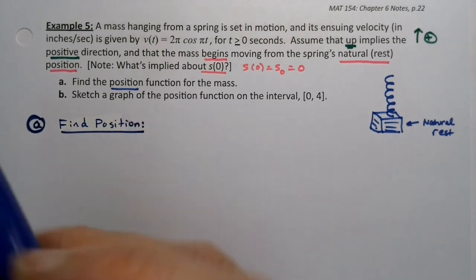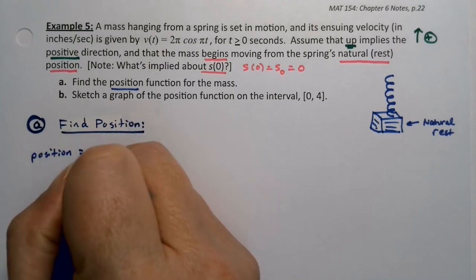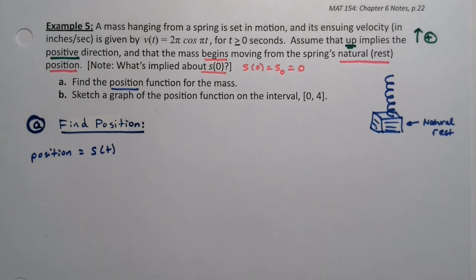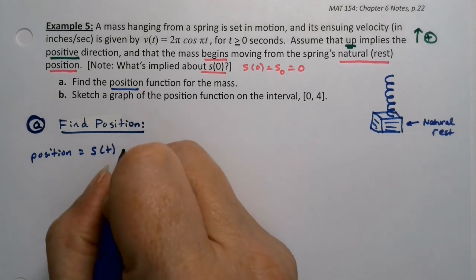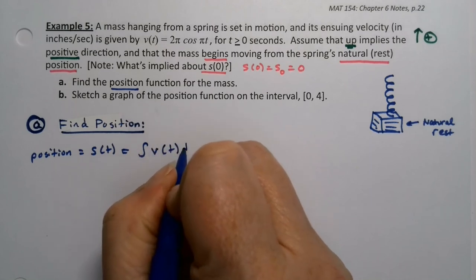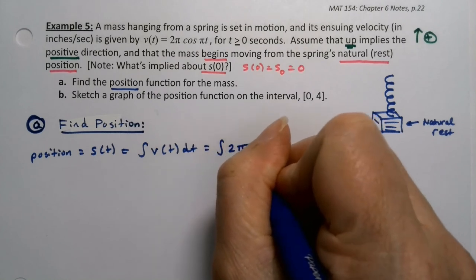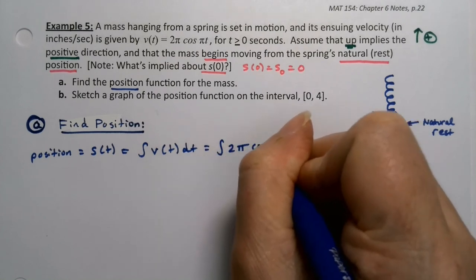Position is by definition s of t, from the Latin situs, meaning the situation. So I want to find the integral of velocity, which is the integral of 2 pi cosine of pi t dt.